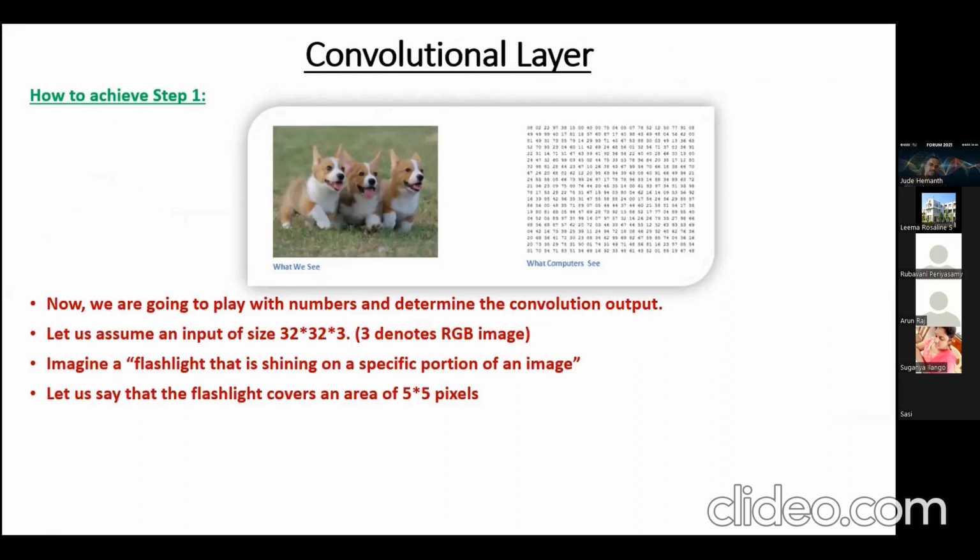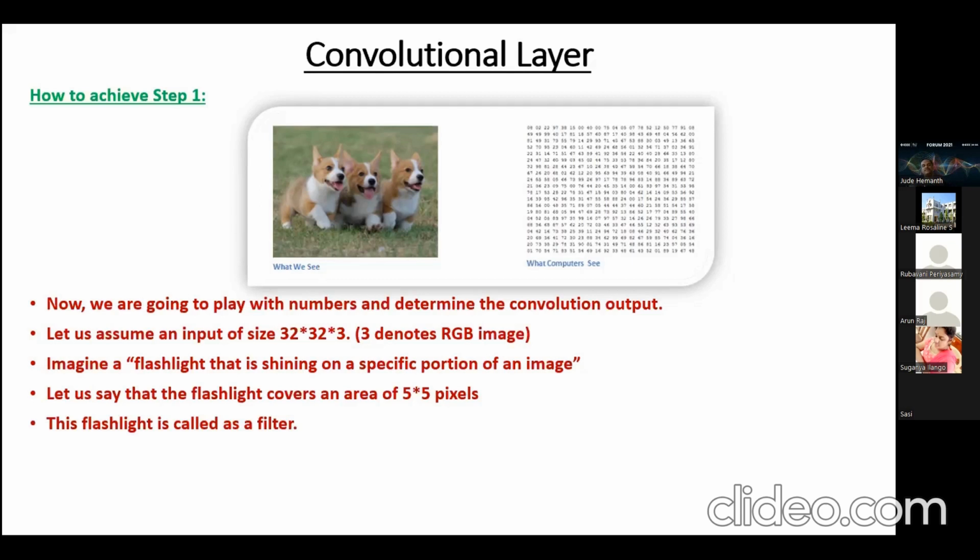You take your original image and you take a duplicate image. That flashlight or torchlight you took for your support can be called a duplicate image, which is also an image of size 5 cross 5 pixels. Understand that the size of the duplicate image is very much lesser than the original image.